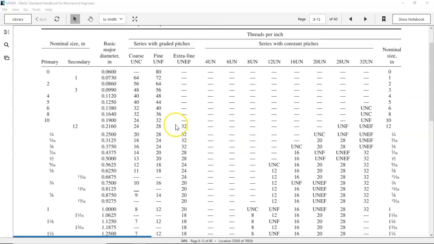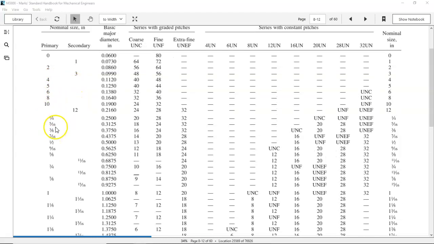When we look at the sizes, 0, and this is the UN, so unified coarse and fine. 0, I think, is a really large eyeglass screw. 1, 3, and 12 are not commonly used. 2, 4, 6, 8, 10, 5 really, in my opinion, should be over here.